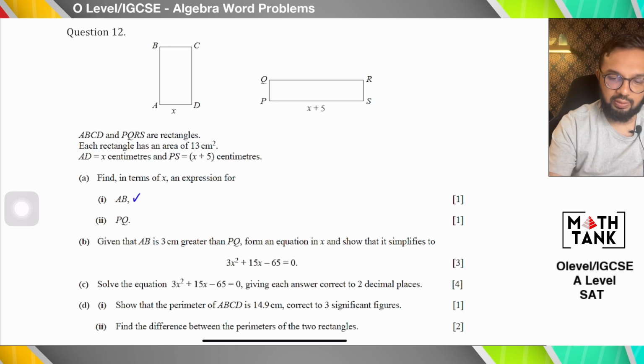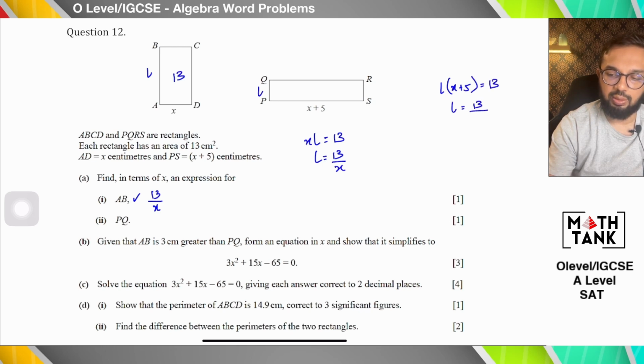Okay, so the area is 13. Can I call this the length? So xL equals 13, so L must be 13 divided by x. Similarly, let's call that L. So L into x plus 5 equals 13, so L equals 13 divided by x plus 5.